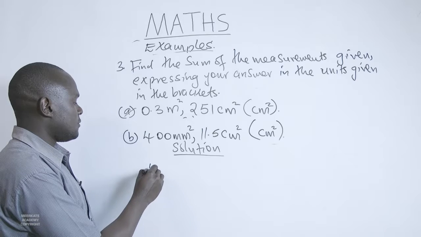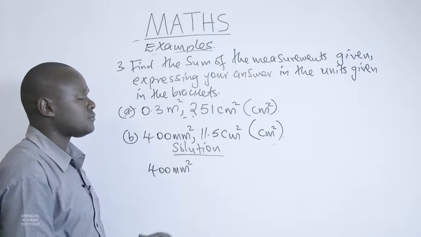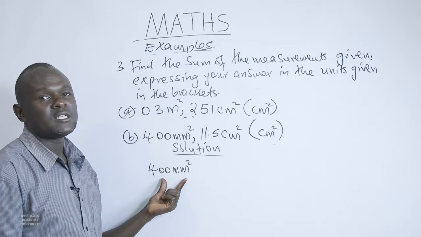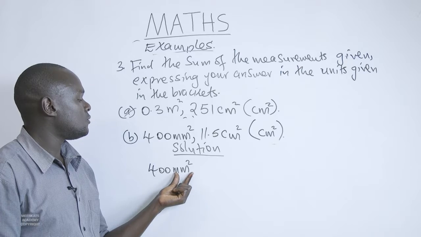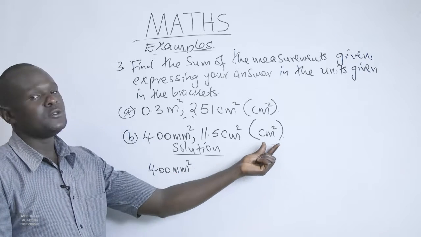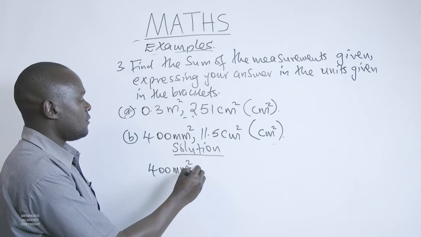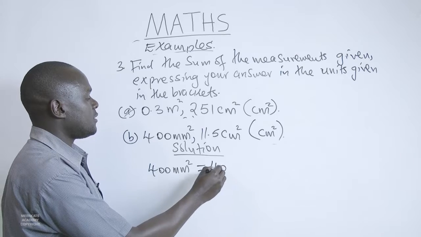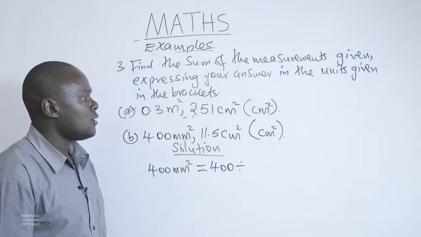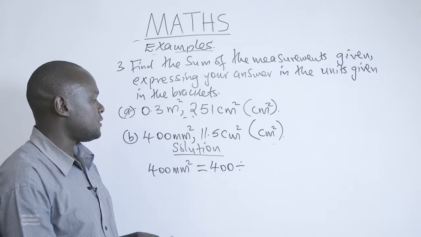So 400 square millimeters, we are changing from a smaller unit, which is a square millimeter, to a larger unit. It calls for division. This will be the same as 400 divided by how many millimeters make up a centimeter.